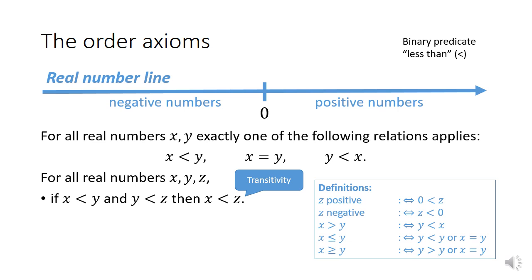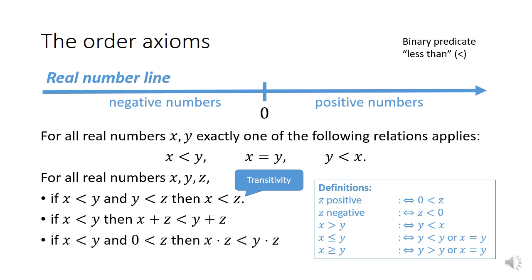The order predicate should also be compatible with the arithmetic operations plus and times in the following way. If x is less than y, then x plus z is less than y plus z. And if x is less than y and z is positive, then x times z is less than y times z.